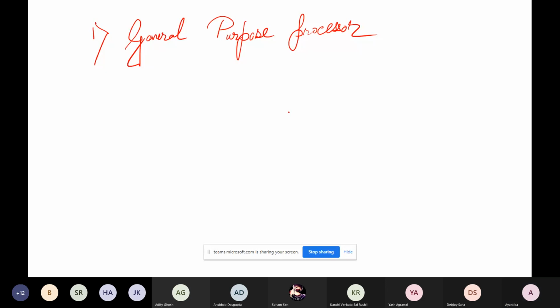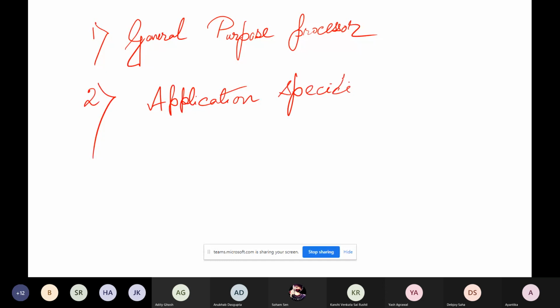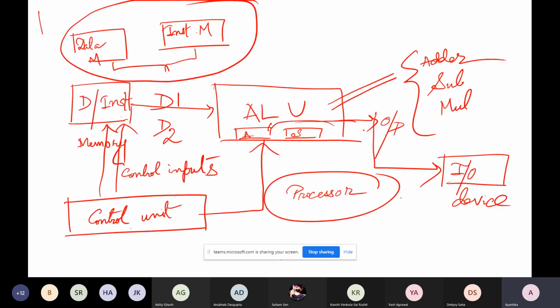Okay. Another type of processor is application specific. Now, for this type of processor, what will happen? This is very application specific. Let's say, as we have taken the example of maybe some very small application.